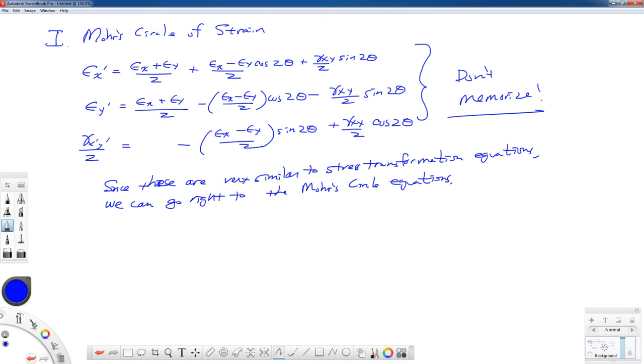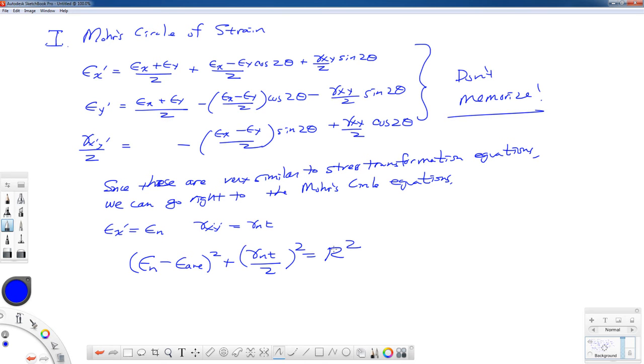There we go. Instead of epsilon x prime, we can make that epsilon n. Instead of gamma x prime y prime, we can say that's equal to gamma nt. And then we can write this as epsilon n minus epsilon average quantity squared plus gamma nt over 2 quantity squared is equal to a constant squared.